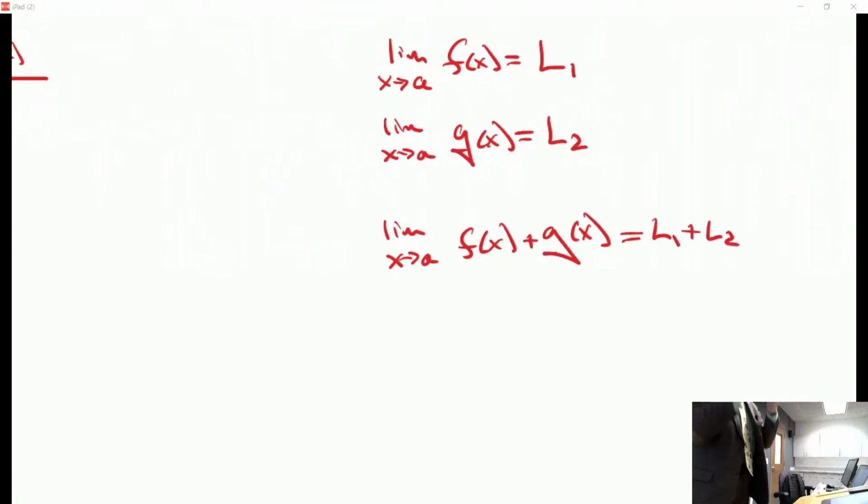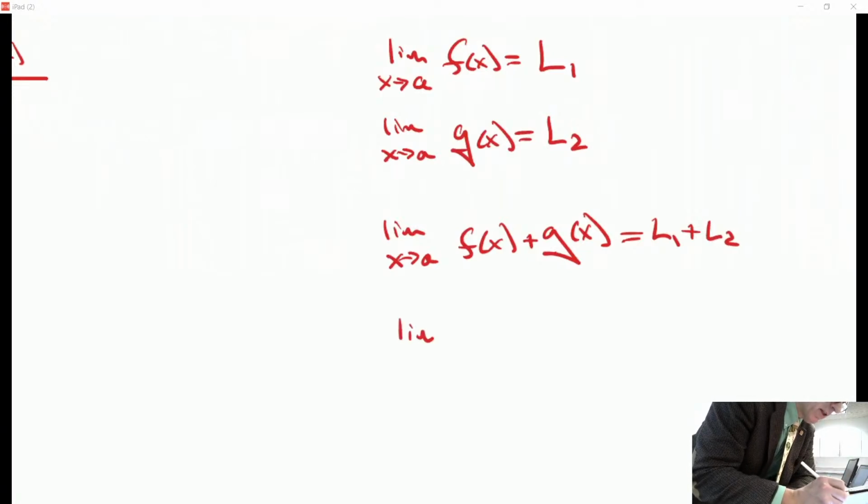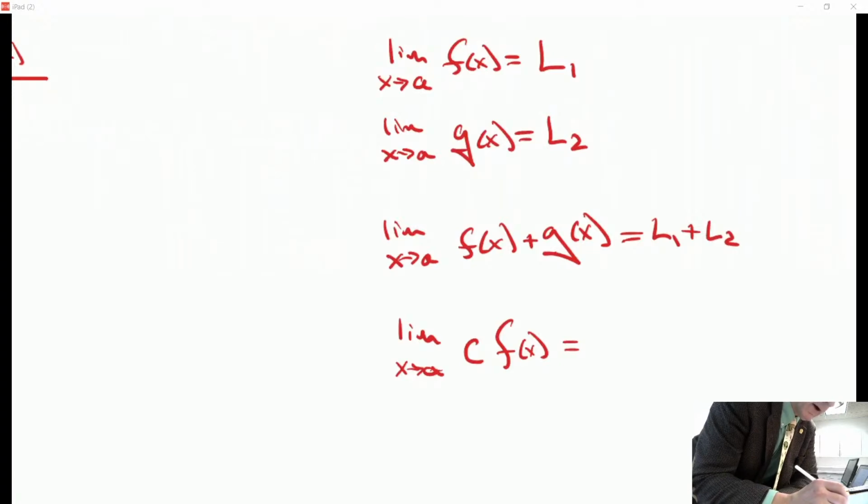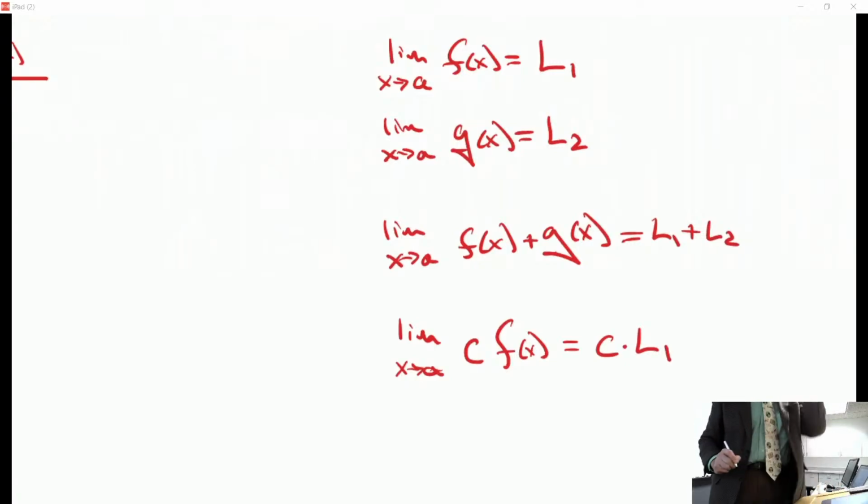So you remember this from the limit laws. Like I said, I was just too lazy to find it on my PowerPoint, but here it is. And here's another rule from the limit laws: the limit as x approaches a of a constant times a function is equal to the constant times the limit.